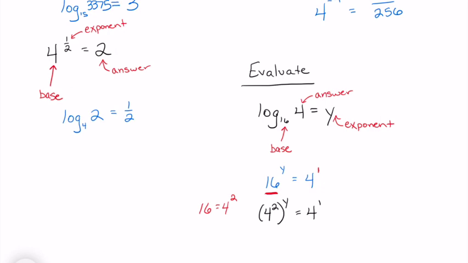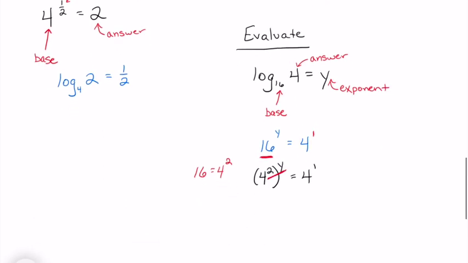Great. Okay, so remember our exponent rules, power of a power. If we have 2 and y both as exponents, the way we put those together is through multiplication. So we've got 4 to the power of 2y equals 4 to the power of 1. And now that we are in a situation where our bases are the same, we have bases of 4 for both of these.